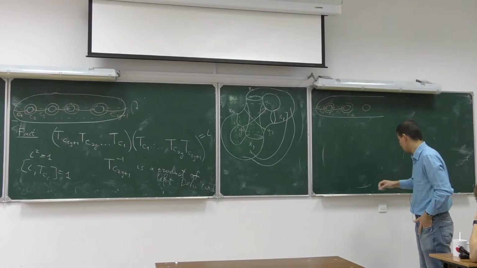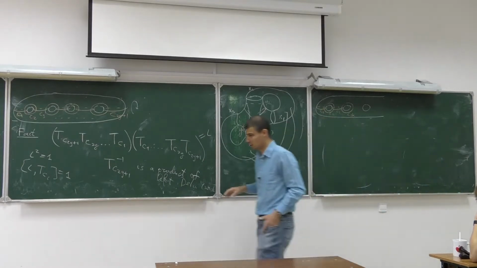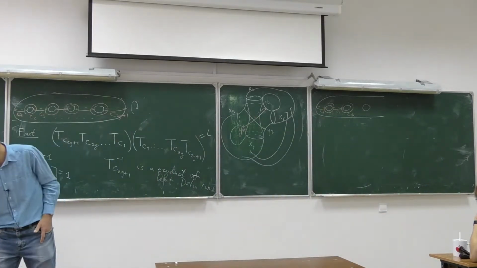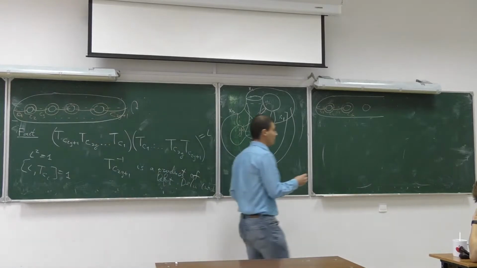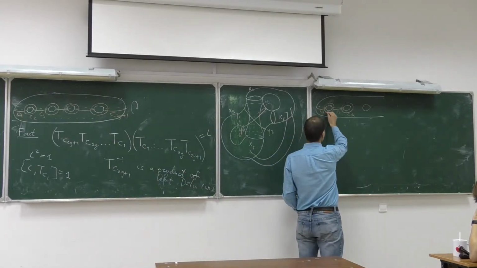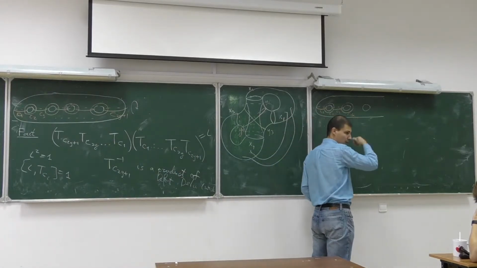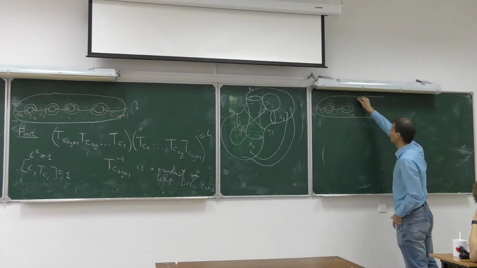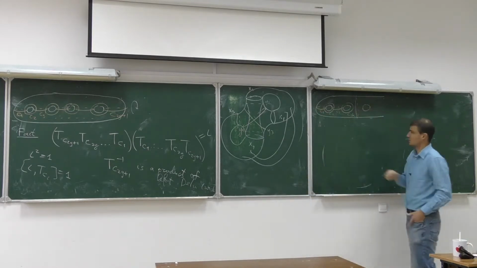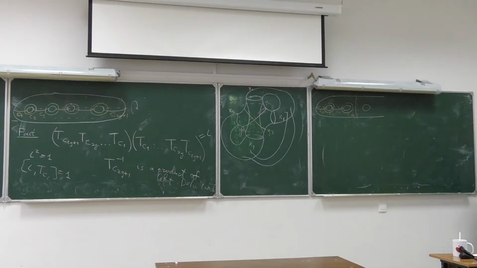And this means that this boundary component, in some regular neighborhood, up to isotopy, is this curve.